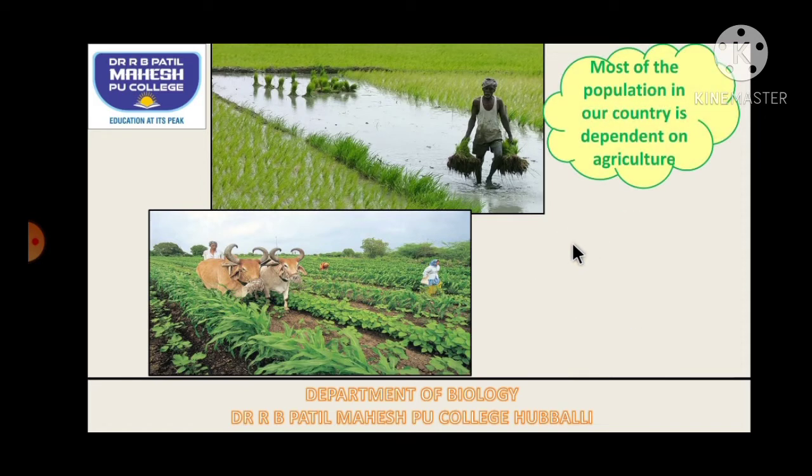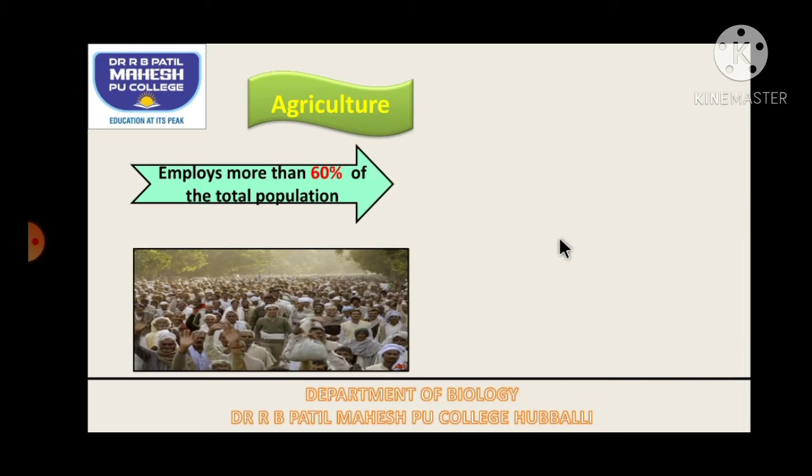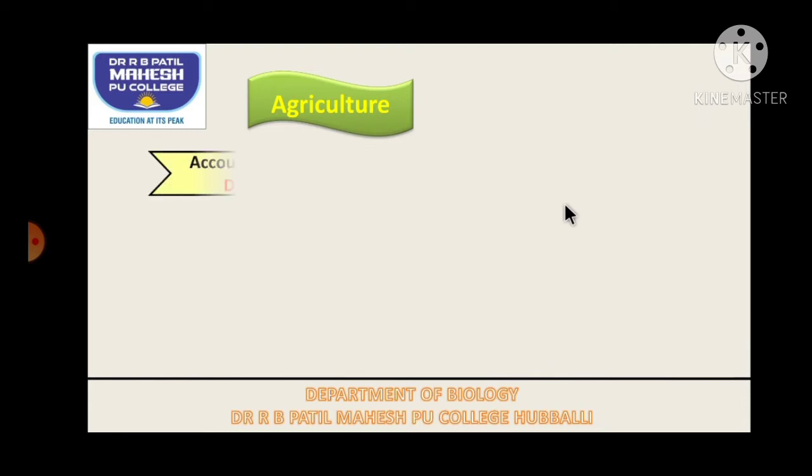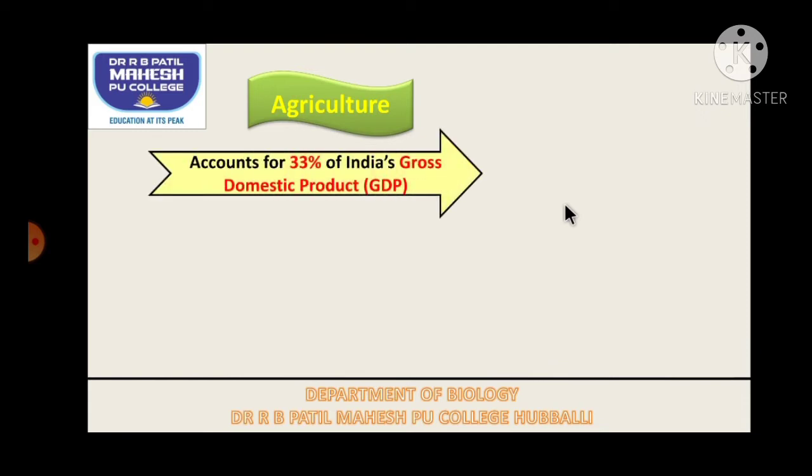Most of the population in our country is dependent on agriculture. Agriculture employs more than 60% of the total population, thereby solving the unemployment problem to some extent, and also accounts for 33% of India's gross domestic product.